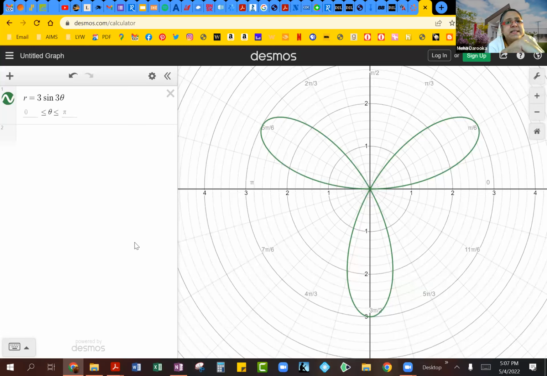Okay, so you will see in this case, our maximum value comes out to be 3. And you will see that our value of 3 is coming out when our theta is pi over 6, 5 pi over 6, and then at 3 pi over 2.